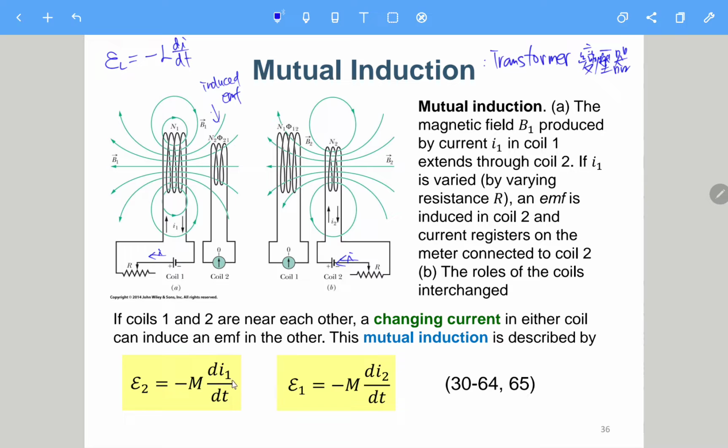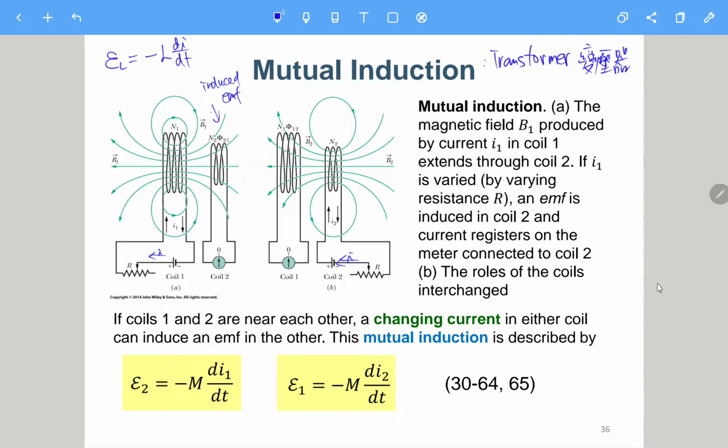So this M is from coil 1 to coil 2. Similarly, if you have a changing current on coil 2, then with this same mutual inductance, it will generate an induced EMF or induced current on coil 1.